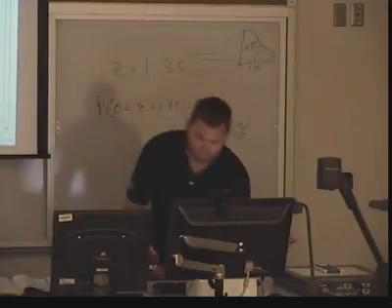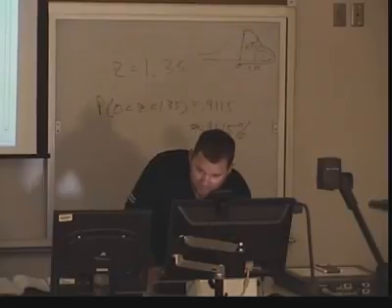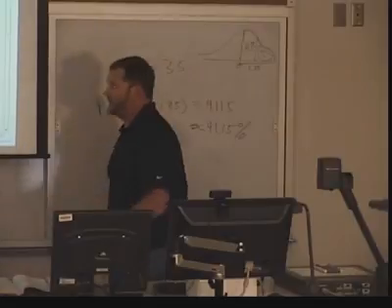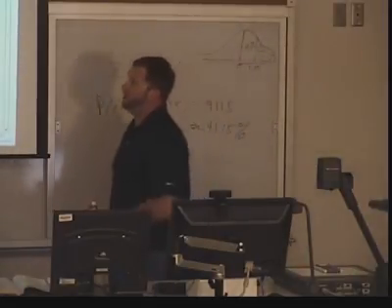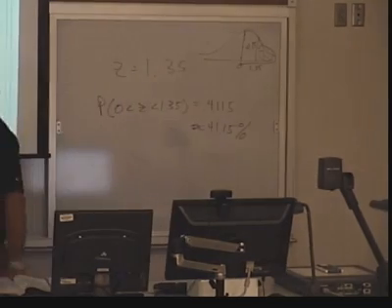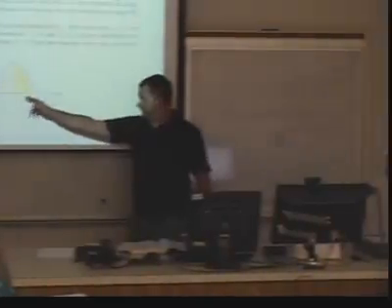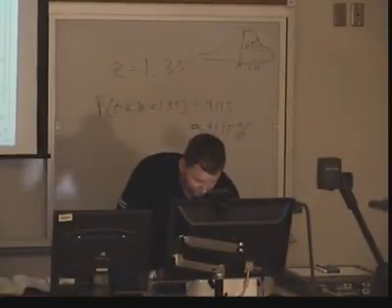So it says here, in this example, we want to find the probability that x falls between negative 1.33 and 1.33, which is equivalent to the area between negative 1.33 and 1.33, shown highlighted in figure 5.9. Table 4 only gives the area from 0 to any positive value. So it only gives us this area. So what I need to do is double it.